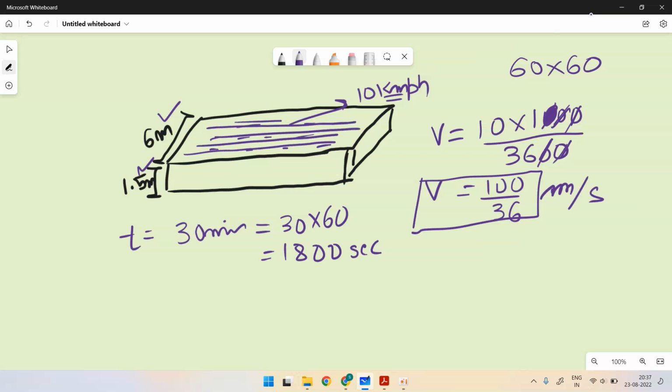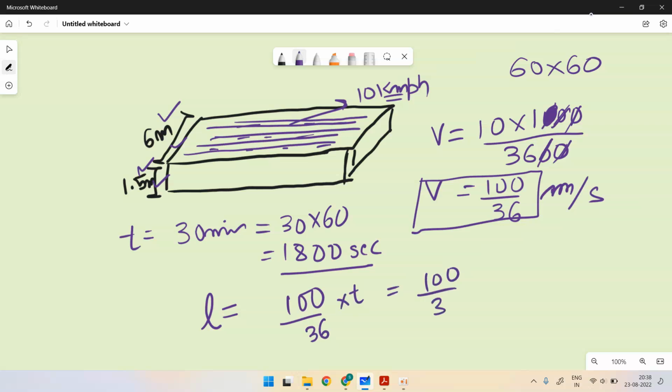This is fixed, velocity is this, so at time t, the length of water will be 100 by 36 into t. 100 by 36 into 1800.